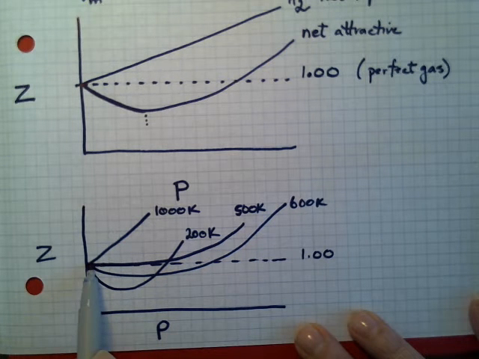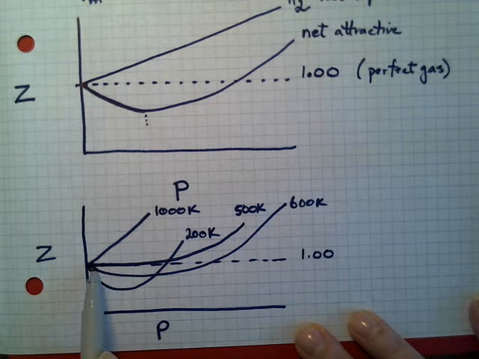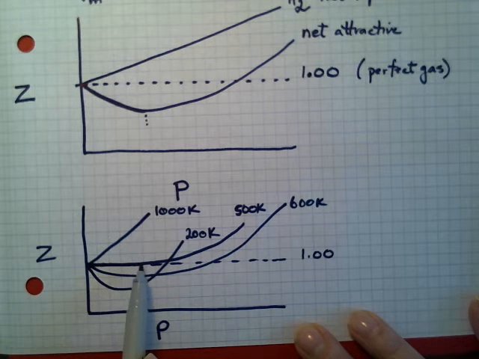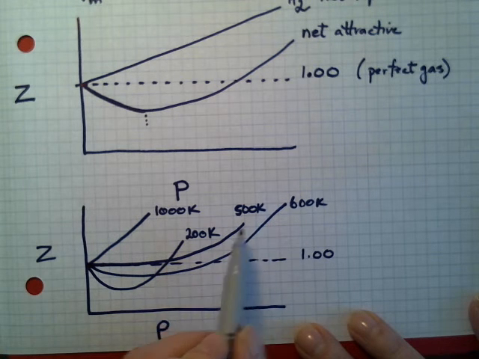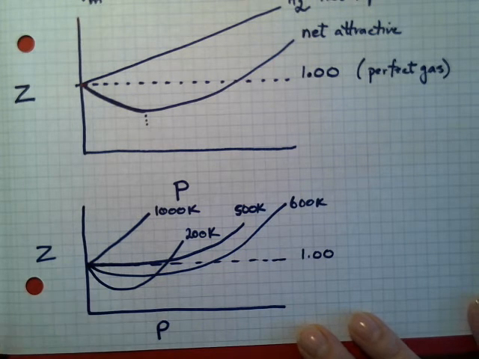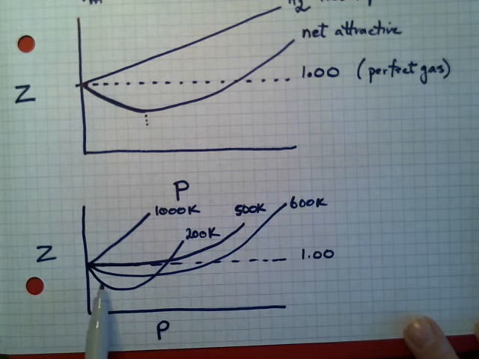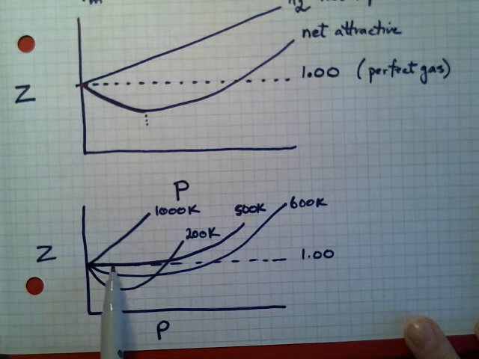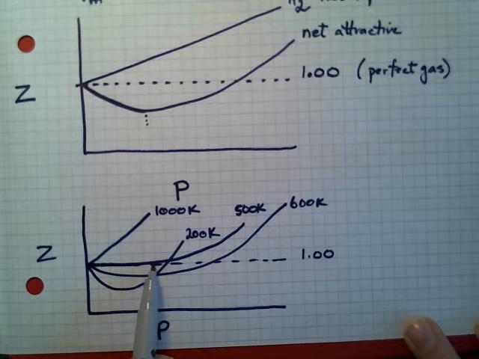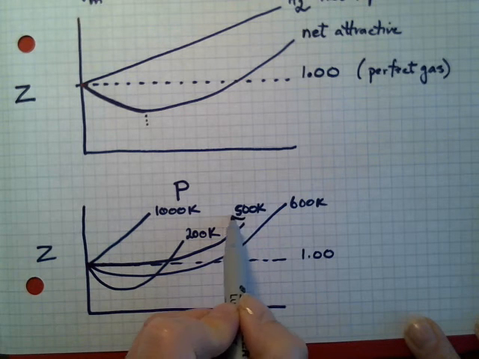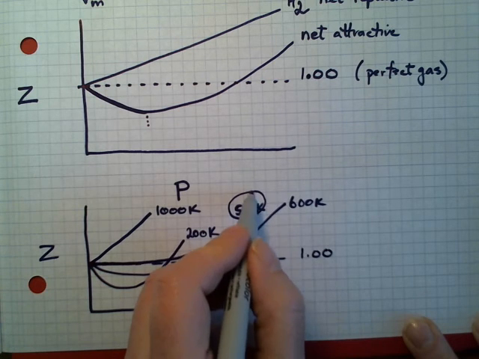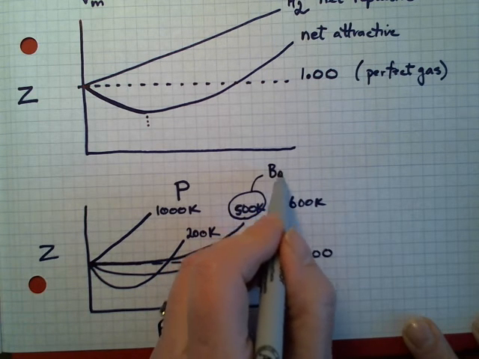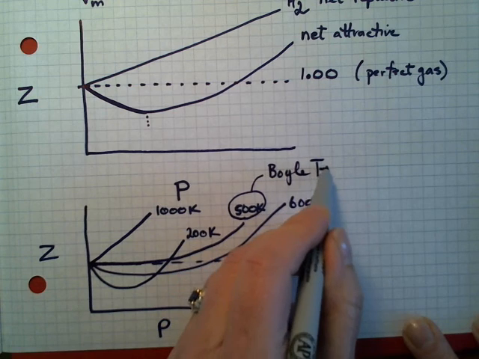See right here where it is equal to 1 at a low pressure and over an extended pressure range before the net repulsive forces take over. So where you have a real gas behaving like a perfect one in terms of its compression factor equaling 1, it only does this at one temperature, and that temperature is called the Boyle temperature.